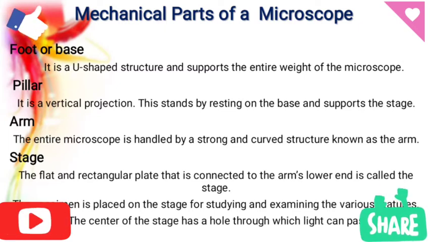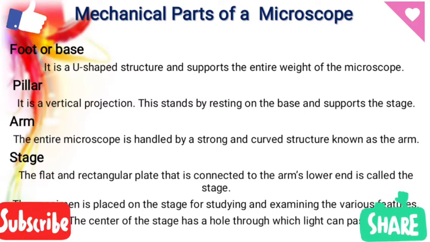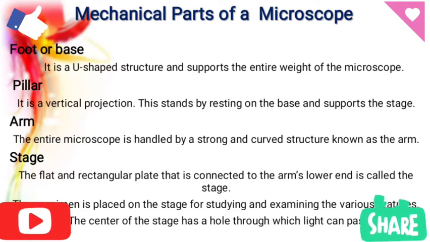The specimen is placed on the stage with the help of a glass slide. We observe many microscopic organisms or things through this stage. We have a center hole within this stage through which the light passes.